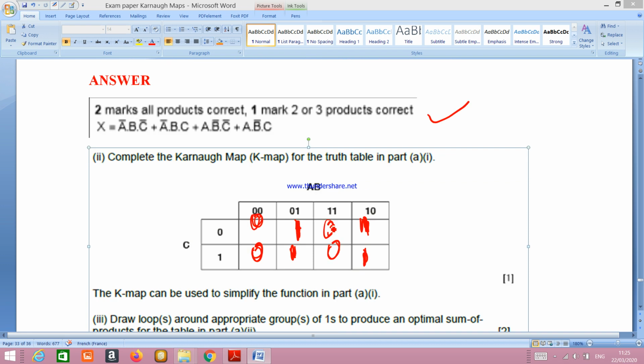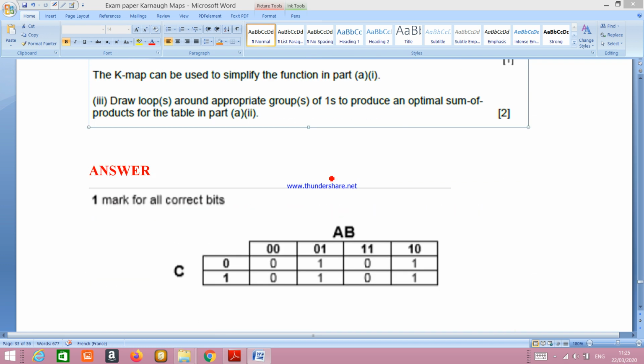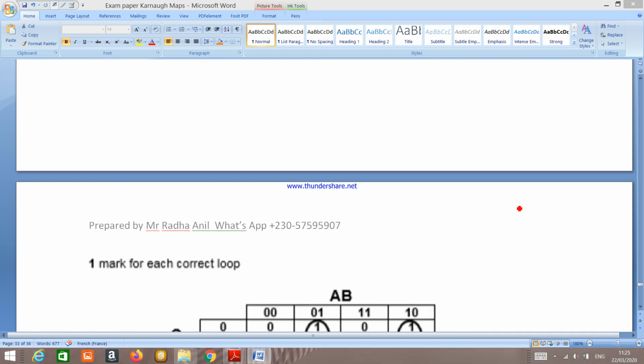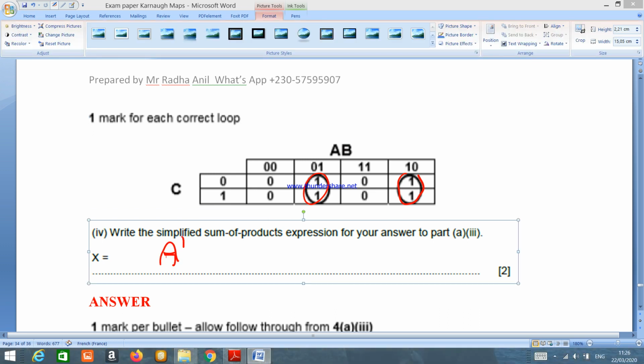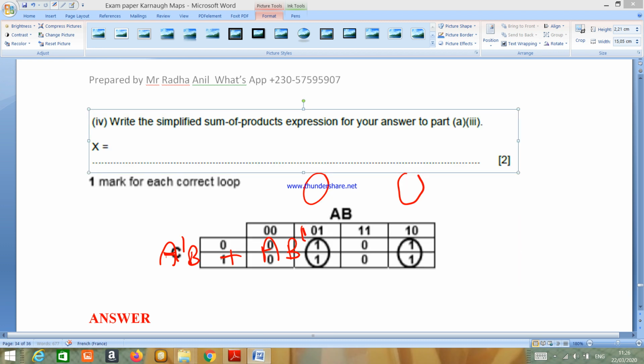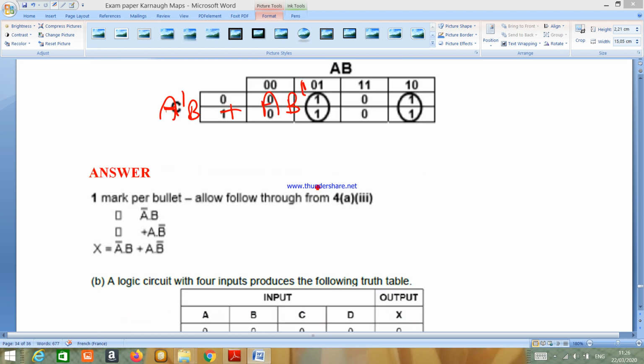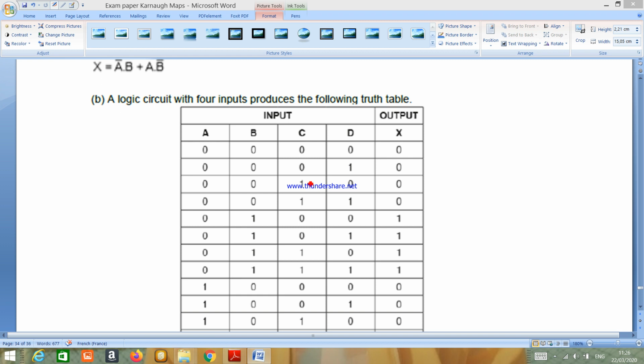Okay, this is the order. You have to remember, so it's good. Next question. Now we can form two groups of 2 and then we can summarize it. The answer will be A dash B plus A B dash. Okay, we are done with this.